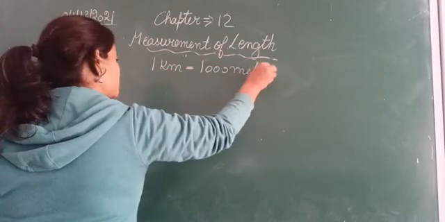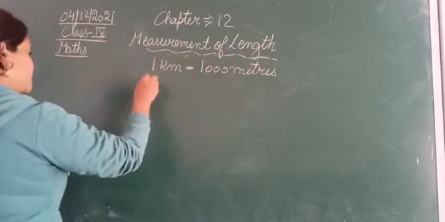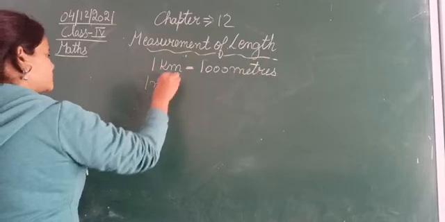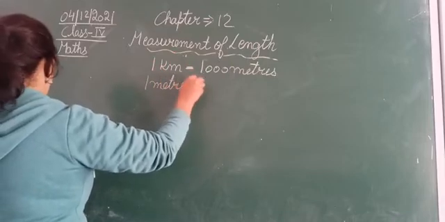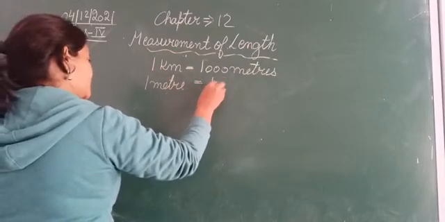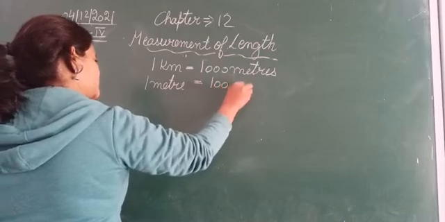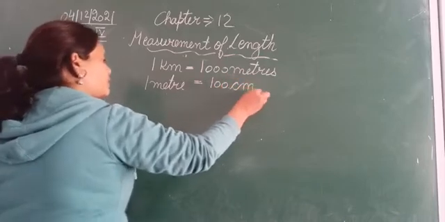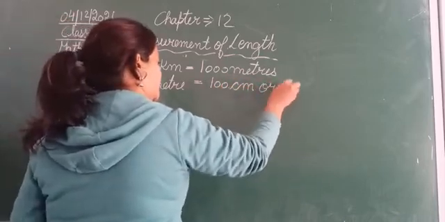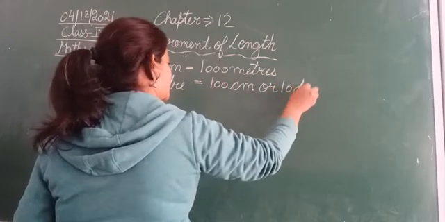You have to write this in your notebooks. 1 meter is equal to 100 centimeter or 10 decimeter.